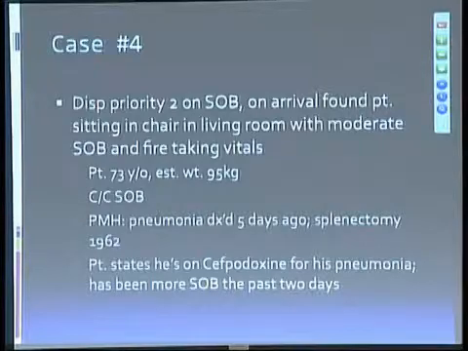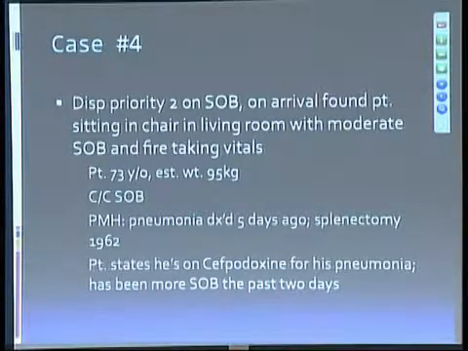Got a patient in cardiac arrest in asystole. You've done 2 to 3 to 4 rounds of ACLS medications for asystole. You still have asystole. The patient has a CO2 of 24. Do you transport that patient or do you call it?